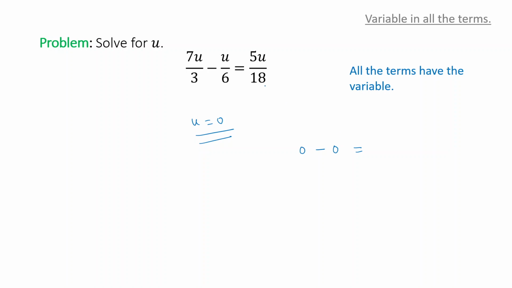That is equal to, so this times 0 is 0. So you are getting 0 is equal to 0. This is true. So u is equal to 0 is the solution to this equation.